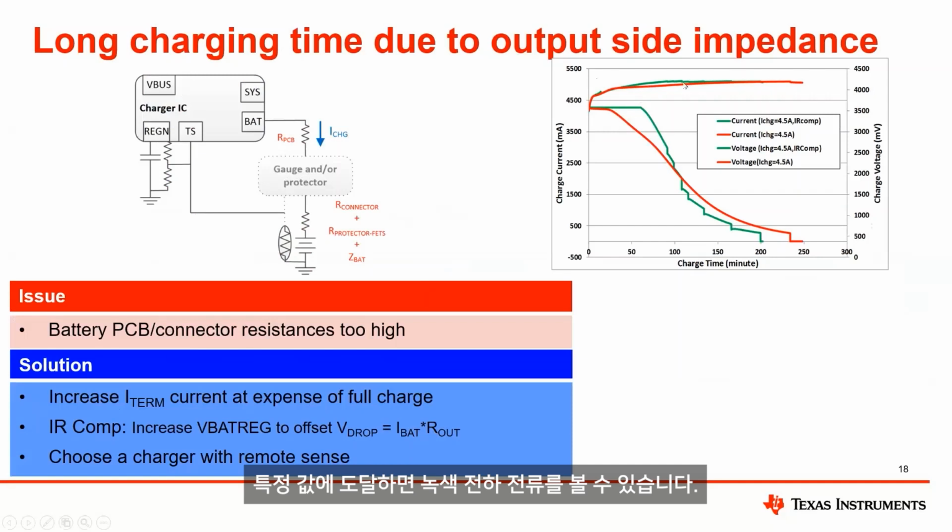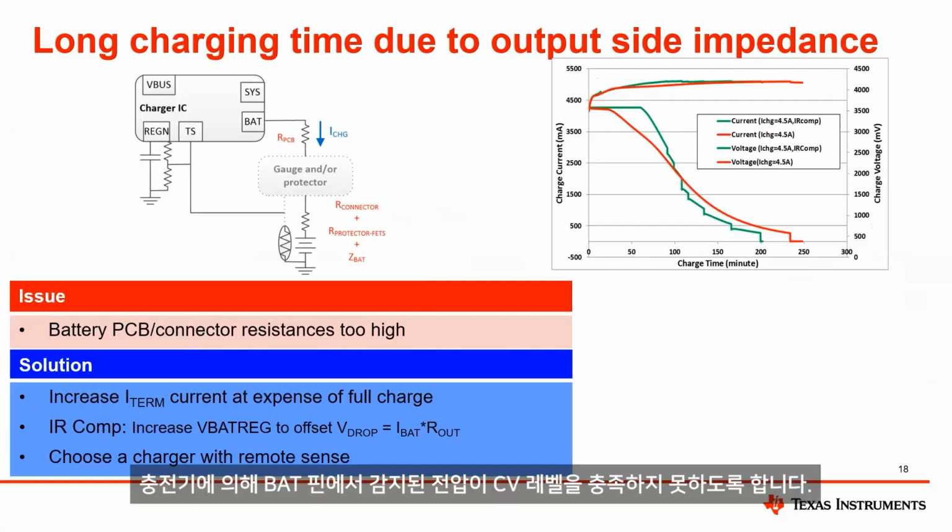So you can see the green charge current, once we've hit a certain value, we actually increase the battery regulation voltage so that the voltage sensed at the BAT pin by the charger hasn't met the CV level yet, so hasn't met the battery regulation voltage yet.